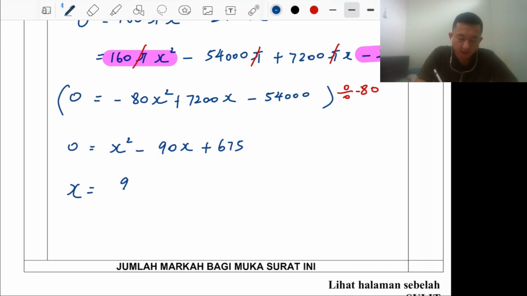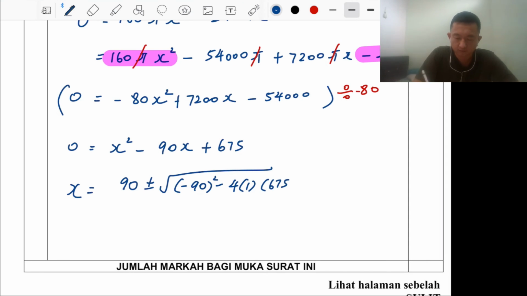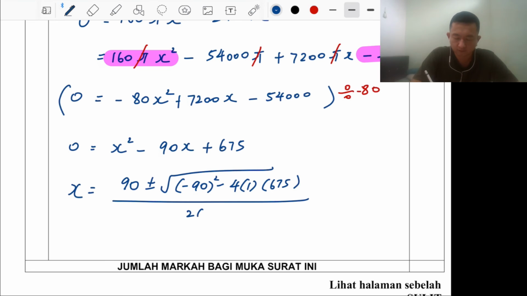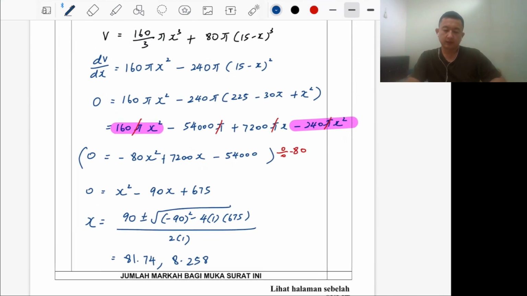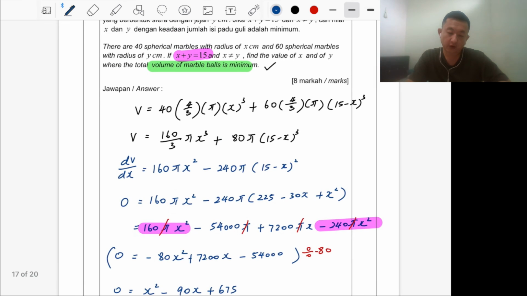Negative b plus or minus the square root of b squared minus 4ac, and eventually you should have the answers of 81.74 and also 8.258. That is the value for x.